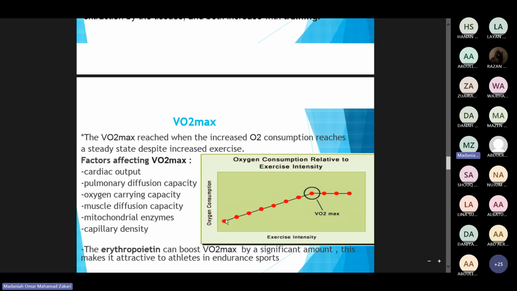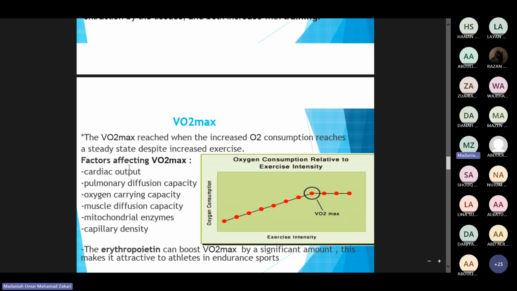Oxygen consumption, of course, will be increased while you are doing exercise. Exercise intensity is increased, but at some point, VO2 max will reach a steady state. And this indicates fit, healthy individuals.